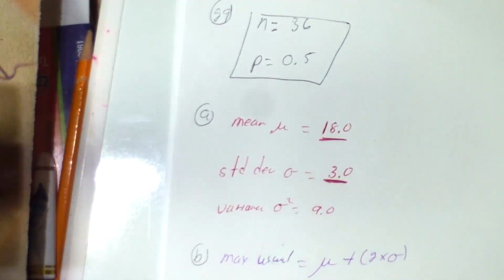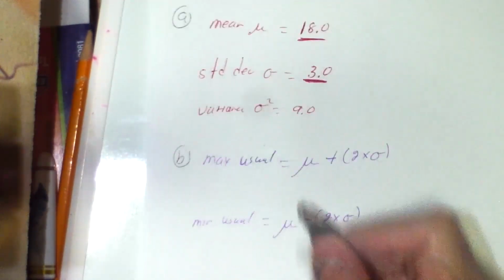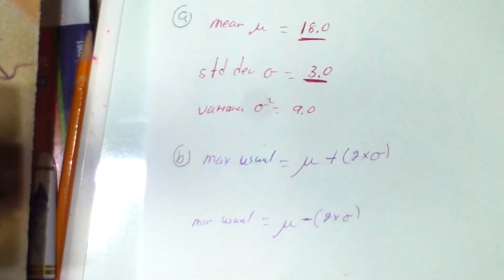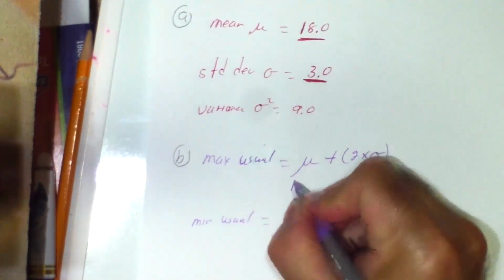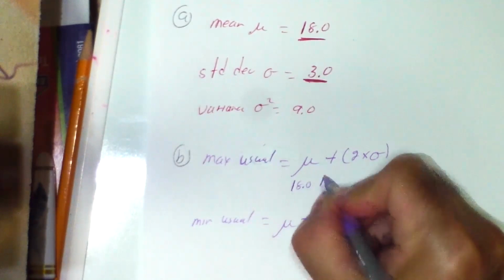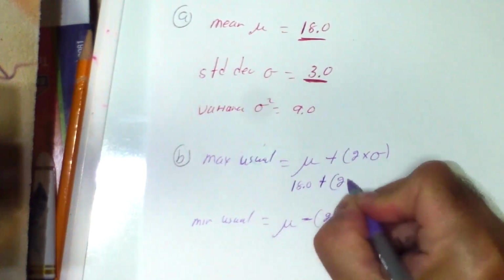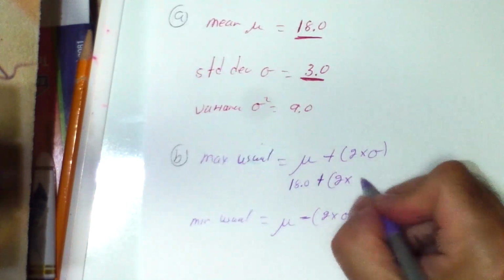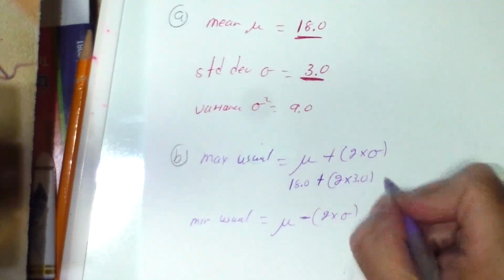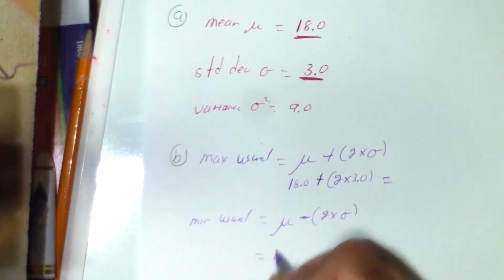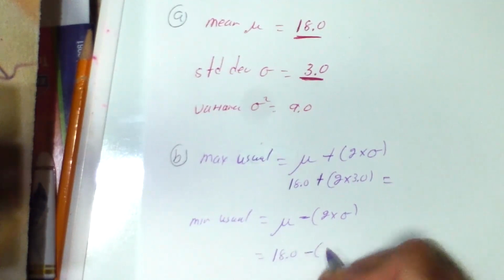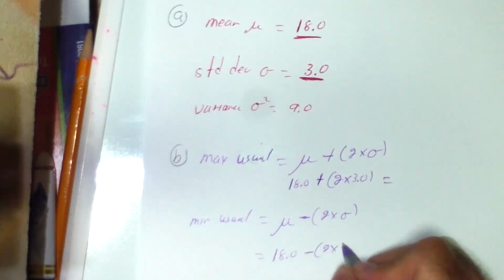And we plug in the numbers. So my mu was 18.0 plus 2 times 3.0, and the other one is 18.0 minus 2 times 3.0.